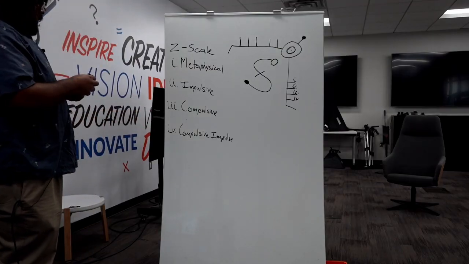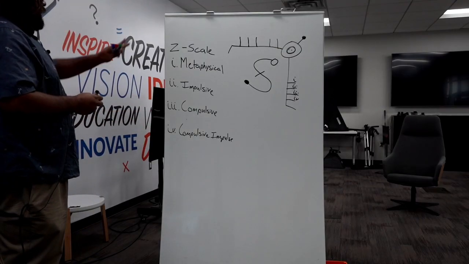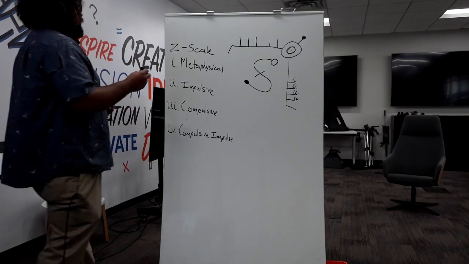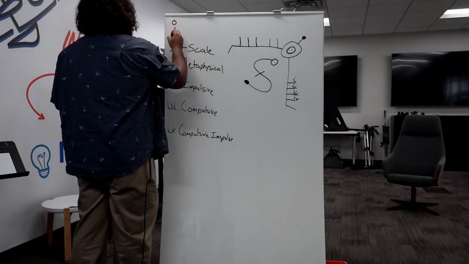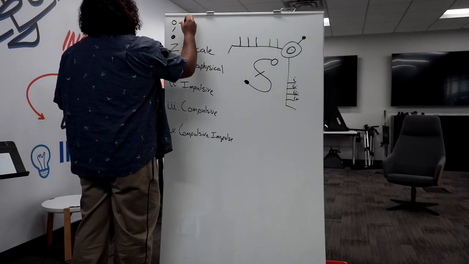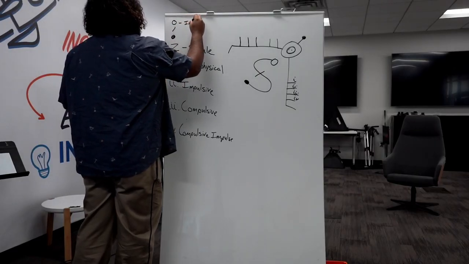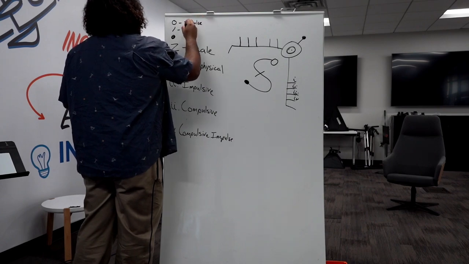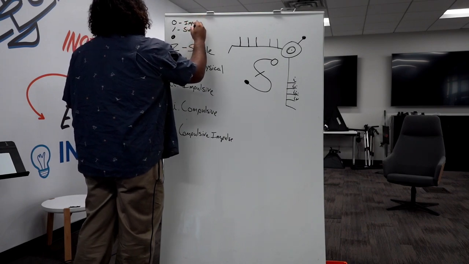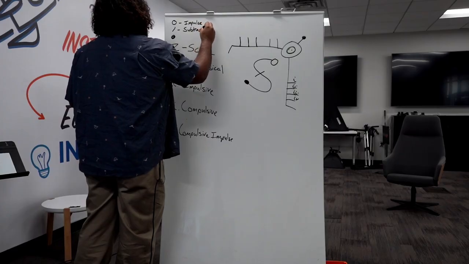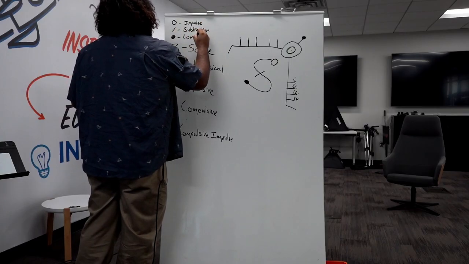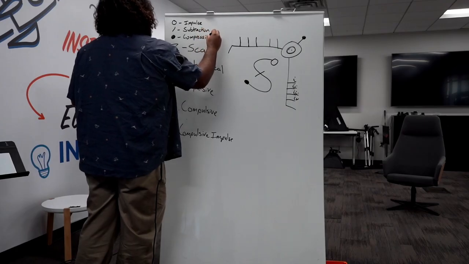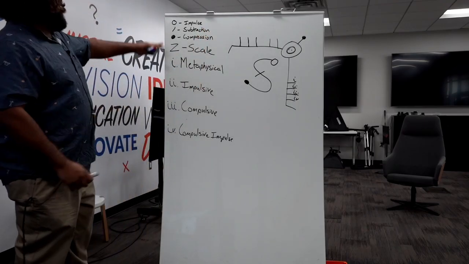And the other thing that I want to go ahead and add just to this up here are the components of impulse. So we have the component of impulse, we have the subtraction, and then we also have the compression. And these help define these ranges.